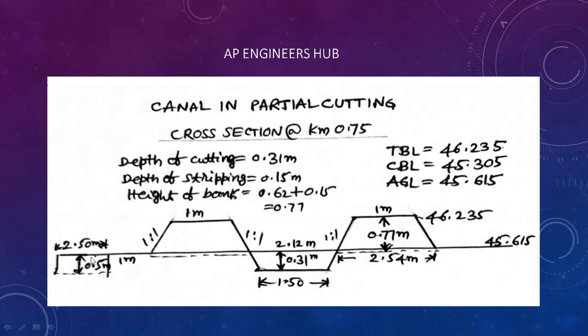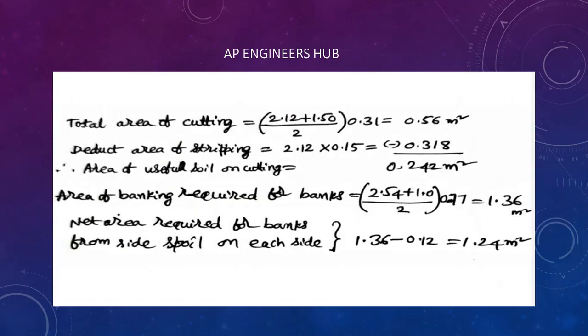This is the borrow area, side borrow, 1 meter beyond the toe of bank. Depth is 0.5 meters, width is 2.5 meters. Canal width is 1.5 meters. Total area of cutting is equal to (2.1 top width plus bottom width) by 2 into 0.31.